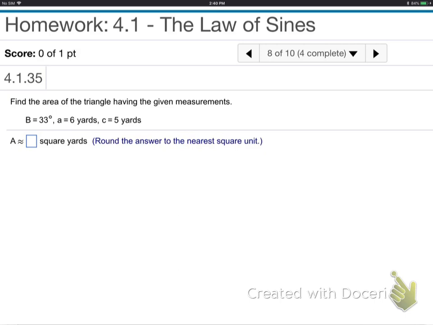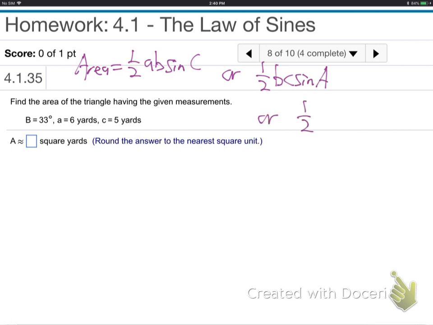So here it is. Area of a triangle is 1/2 AB sine C, or 1/2 BC sine A, or 1/2, what else we got? AC sine B. In other words, it's 2 sides and the sine of the other angle.